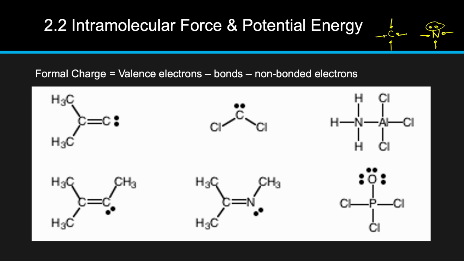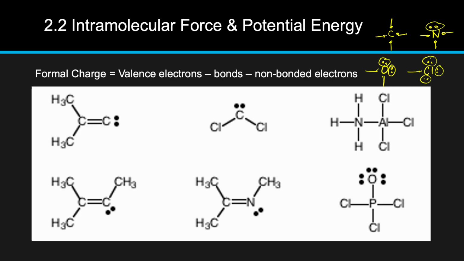Then with our group 16 elements like oxygen, they have 6 valence electrons, which means they have 2 lone pairs and 2 bonds. So if you see a triple bond and one lone pair on an oxygen, you need to calculate formal charge because that's not how it's supposed to bond. And then finally, with our group 17 elements like chlorine, those have 7 valence electrons, which means they will typically have 3 lone pairs and 1 bond.